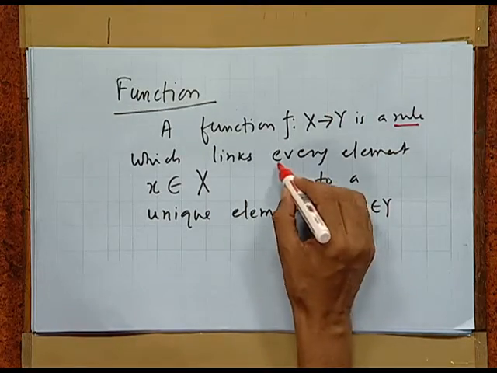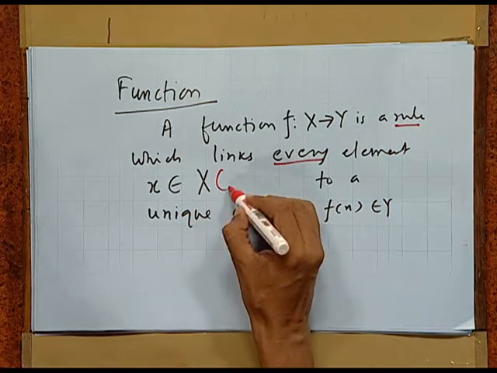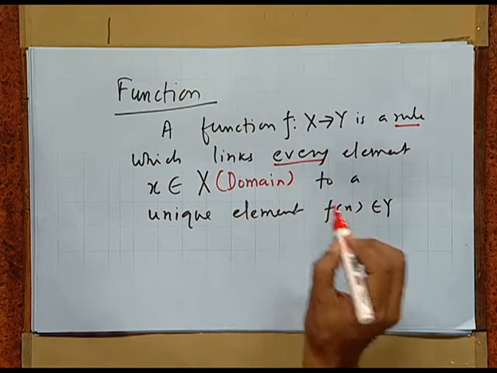It takes every element of the first set X, which we call the domain, to a unique element f(x) of Y, which we call the codomain.